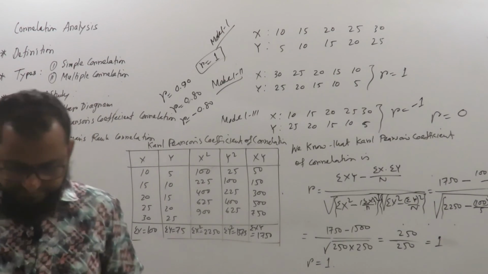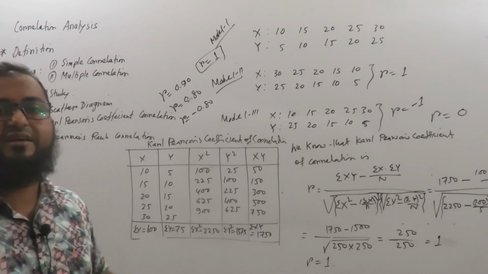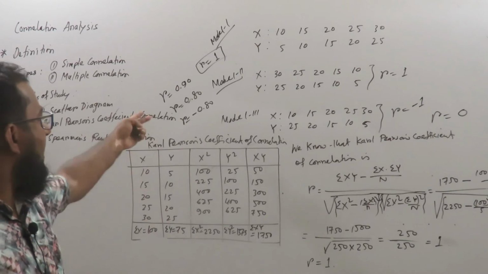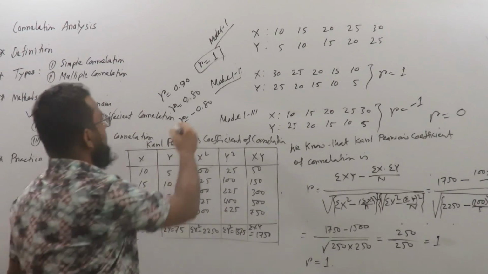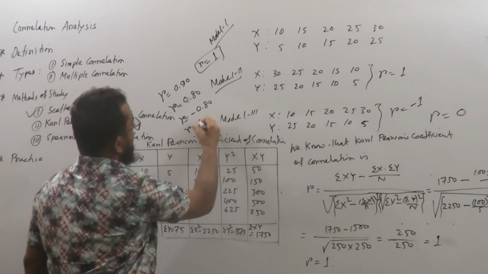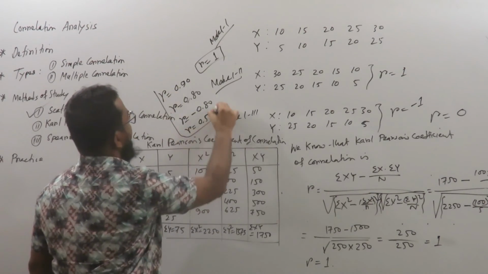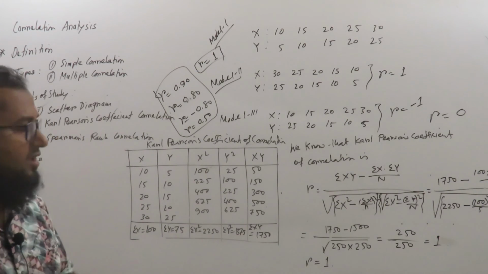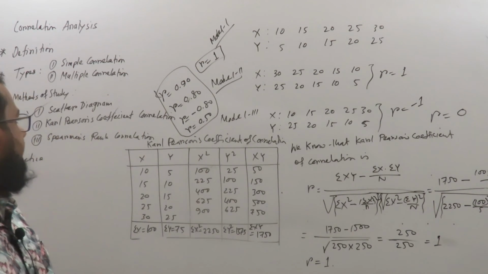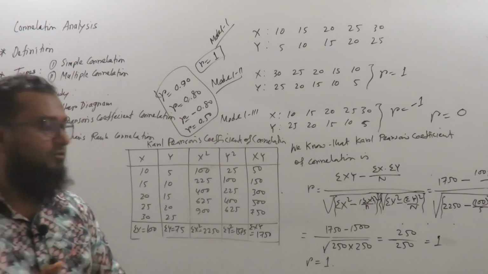What does it mean? How can we explain the relationship if r equal to 0.90, r equal to 0.80, r equal to minus 0.80, r equal to 0.50, and whatever result you find from your calculation technique? Let me introduce you.